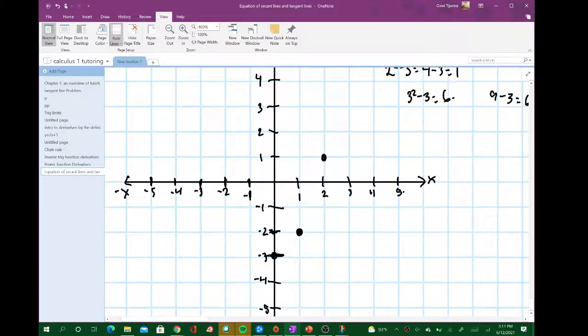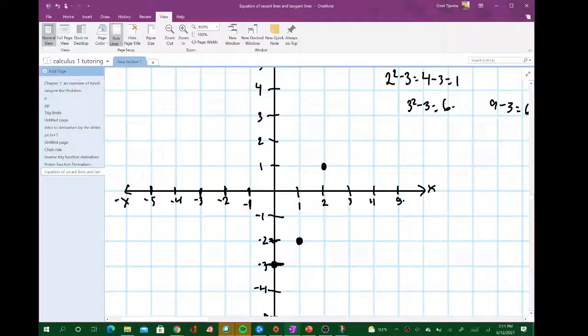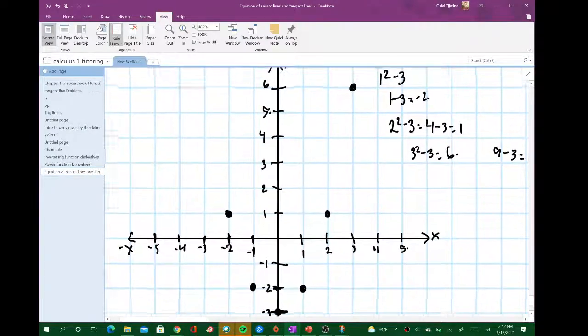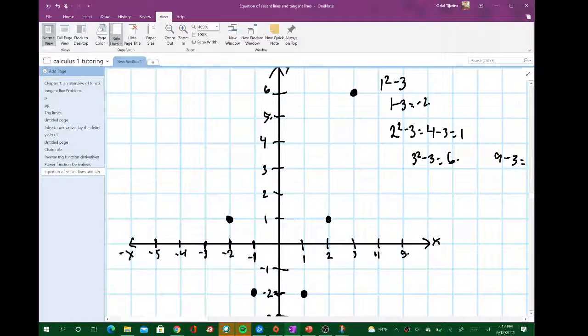And then you want to do the reflection, so the reflection is going to be like this. And you graph it like this. Hold on. 1, 2, 1, 2. And then 1, 2, 3, 1, 2, 3.